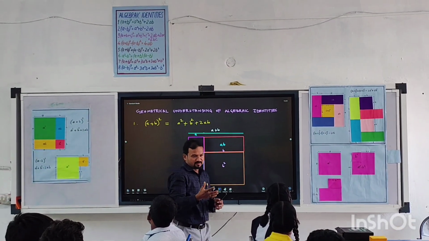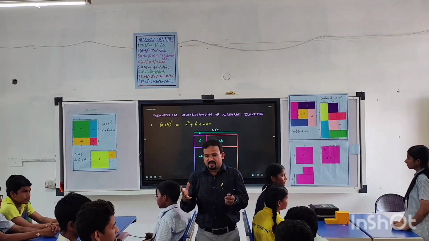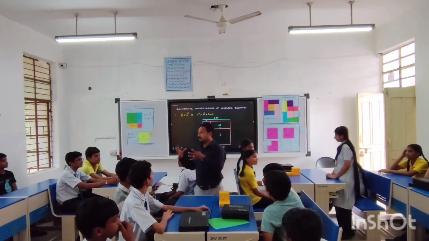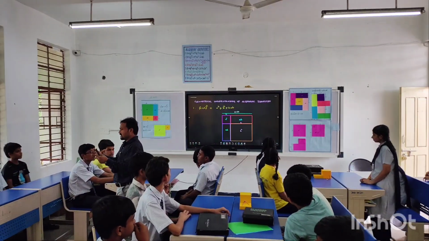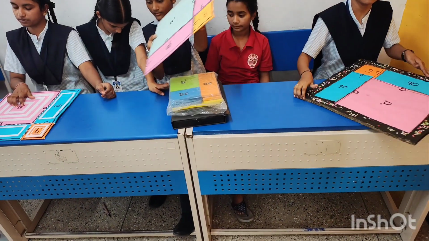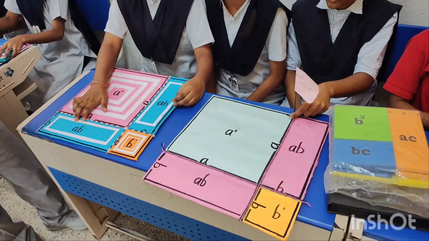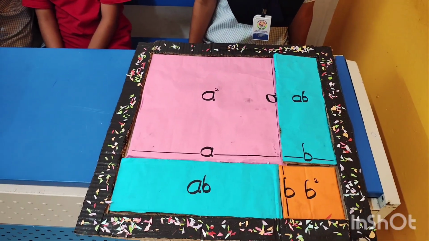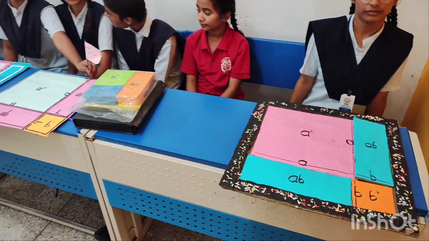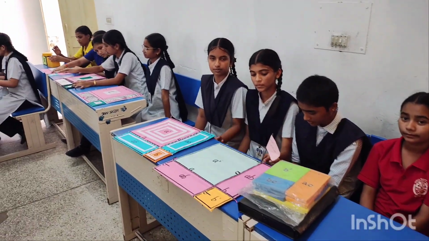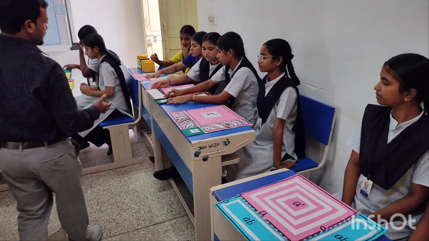Now you have some material with you. When we say a square plus b square, plus means putting together. So take up a square. This one is b square. Right, so this is what your group did.